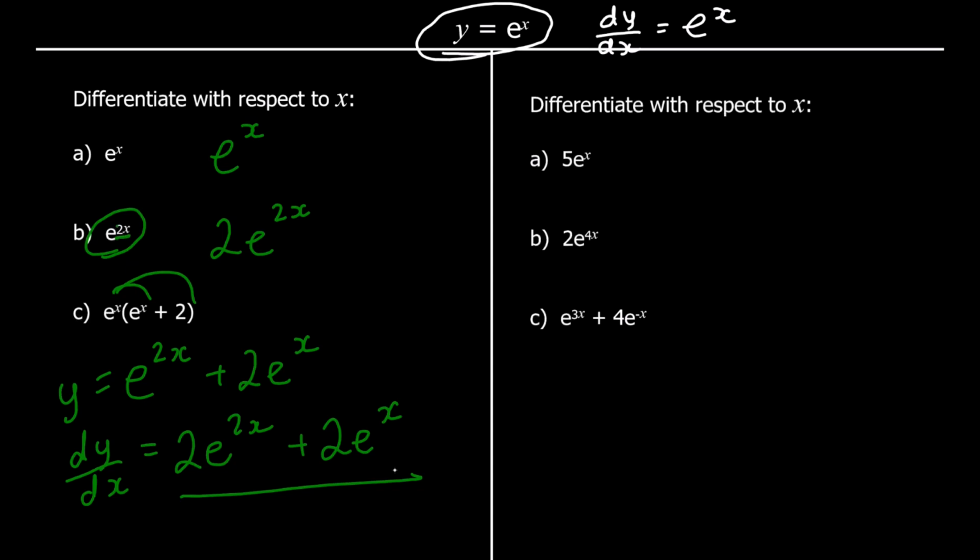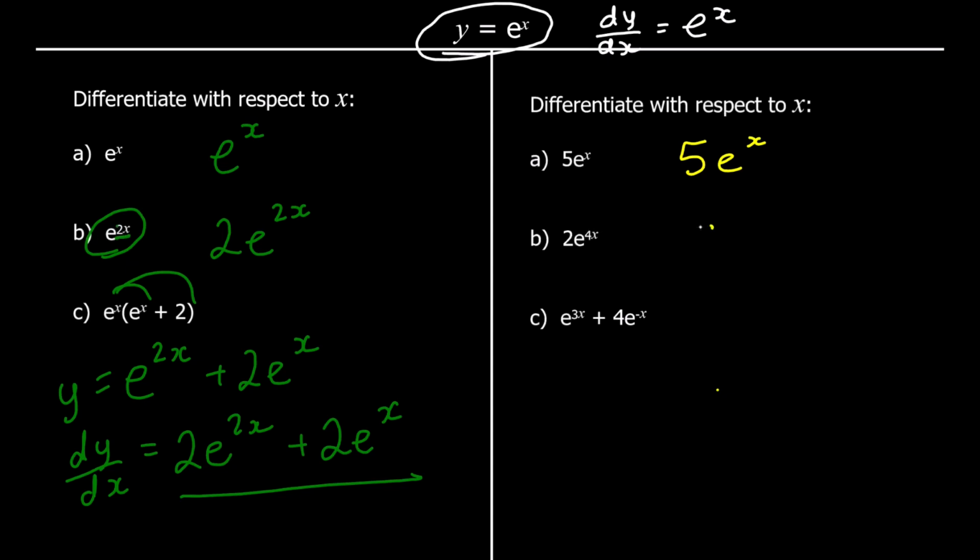Here are some for you to try. Give it a go. So differentiate with respect to x. 5e^x differentiated is 5e^x. 2e^(4x). So it stays the same, but we times by the constant in the power, times it by 4.